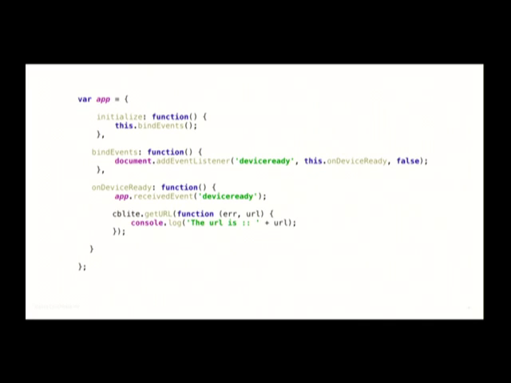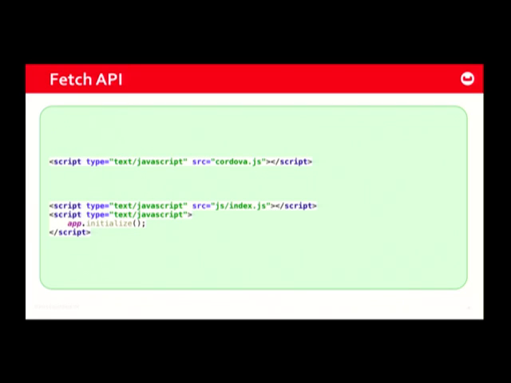So in the on-device ready, you can have cblite.getURL. And that's the added functionality using the plugin. And since you'll be working with your database through HTTP, you can, for example, use the fetch API.